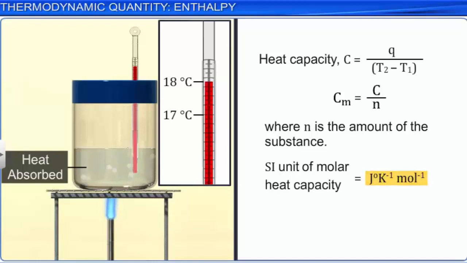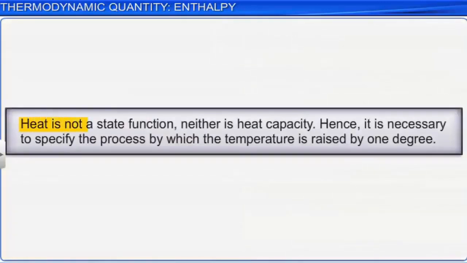The molar heat capacity Cm equals heat capacity C divided by n, where n is the amount of the substance. Heat is not a state function, neither is heat capacity. Hence, it is necessary to specify the process by which the temperature is raised by 1 degree.